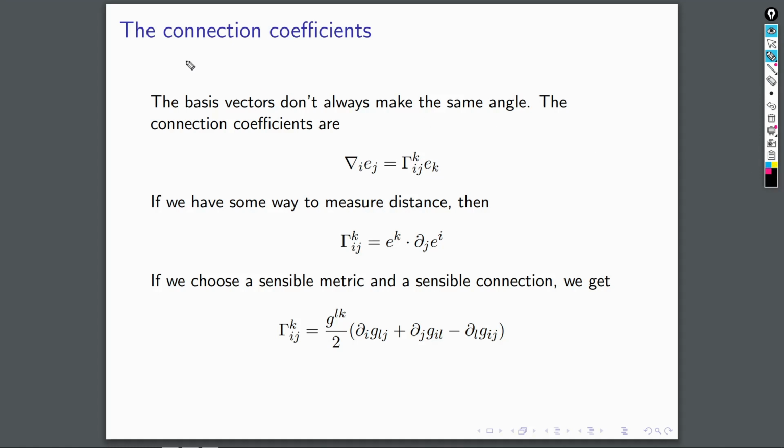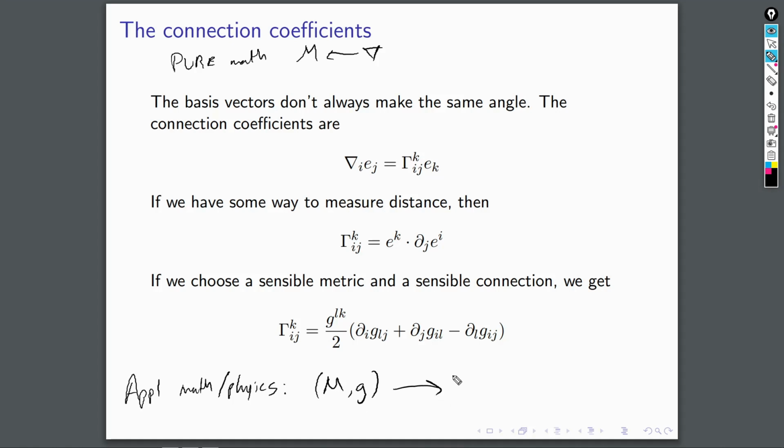So in pure math, okay, you can build the connection without the metric, okay? But in applied math and physics, all of the manifolds we deal with come equipped with a metric, and from this we can build the connection in a unique, sensible way.